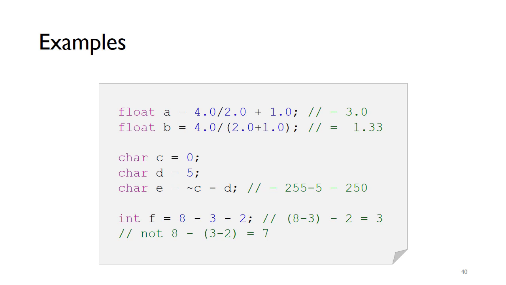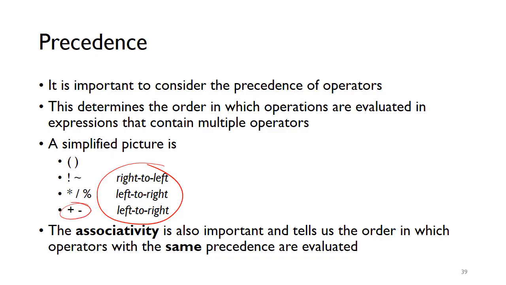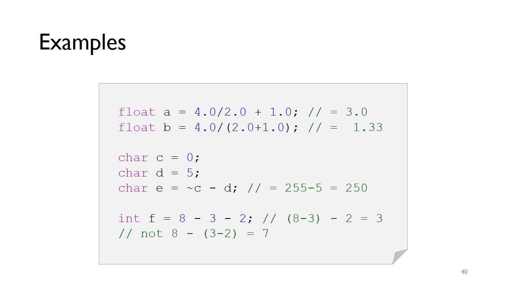And then for example here, we've got char C is 0, char D is 5. So in this case, the bitwise NOT we'll do first. That's got the highest priority, so we'll do NOT C first, and then we subtract D from that. And then this highlights the associativity. For addition and subtraction, we go left to right. So in this case, when we've got multiple operators of the same precedence on the same line, we work, in this case, left to right.